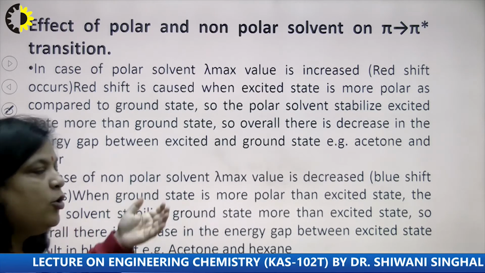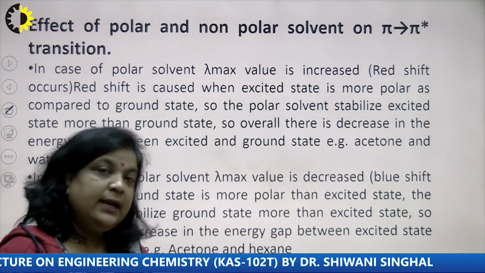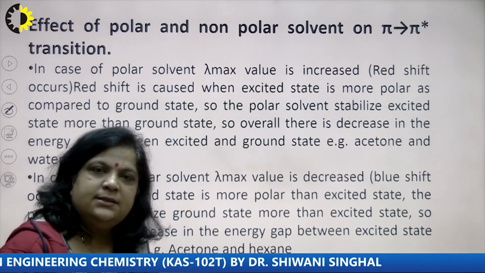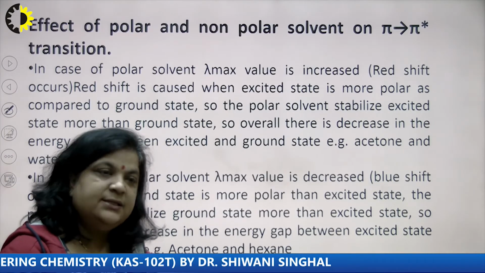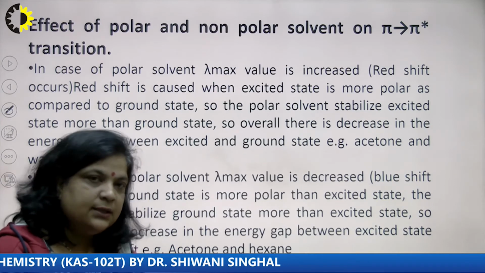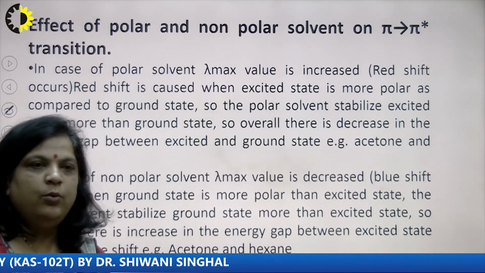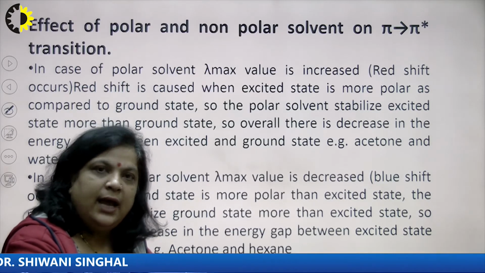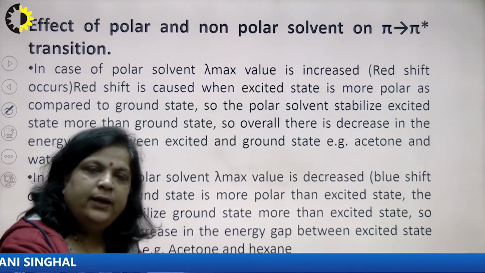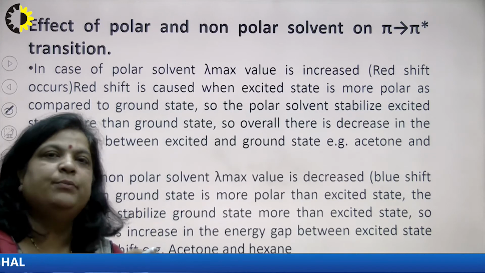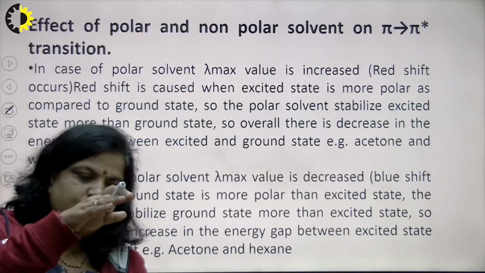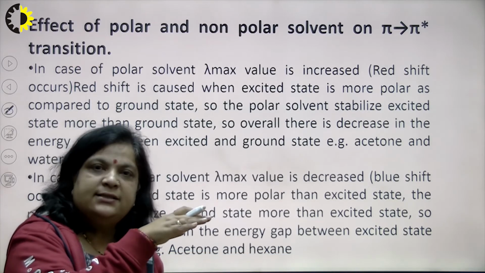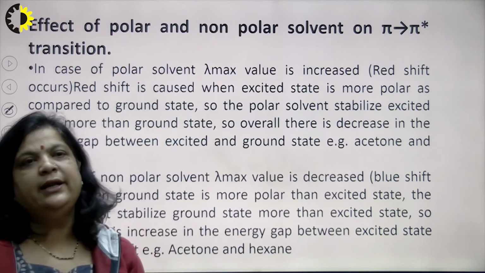But in case of a non-polar solvent, the lambda max value decreases. It means a blue shift occurs, because for non-polar solvent the ground state is more polar than the excited state, and this solvent stabilizes the ground state as compared to the excited state, and that's why the overall energy gap increases. So the lambda max value decreases.